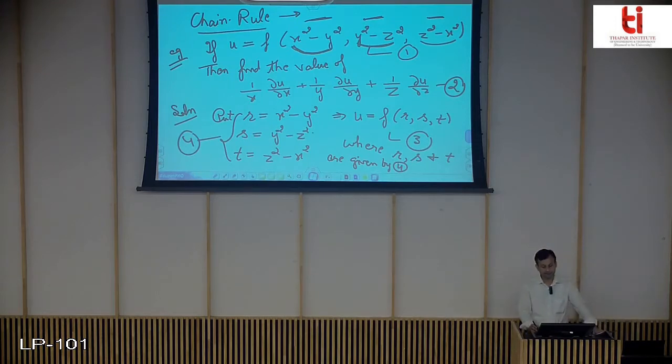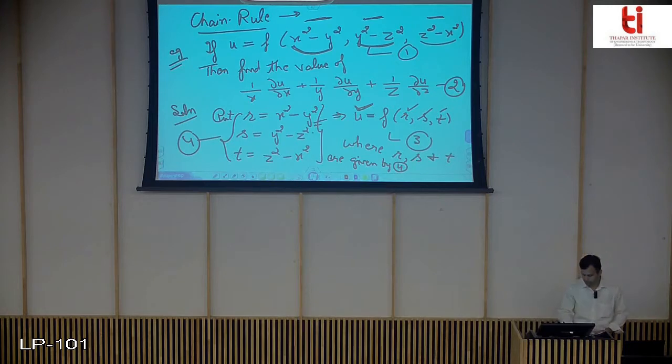Now this makes things easier for you to apply the chain rule. u now becomes a function of r, s and t. We just made the substitution, and now it is a function of r, s, t, and r, s, t are again functions of x, y, z. So now it will be easy for you to use the chain rule.